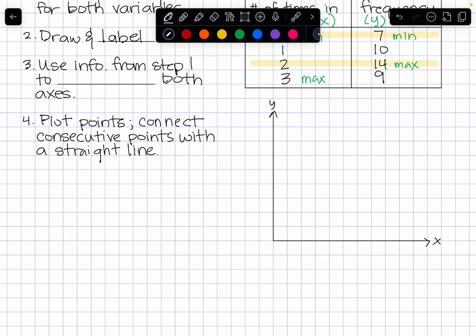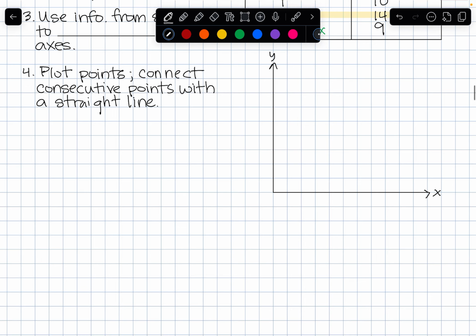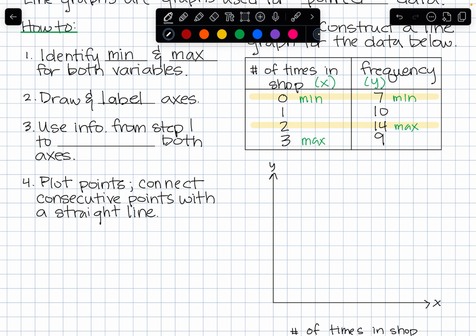And by label, I mean write the variable that you are plotting on each axis. So my x-axis is number of times in shop. I need to write that below the axis. If I scroll back up to my table, our y-axis is plotting frequency. So I need to write that next to the y-axis.